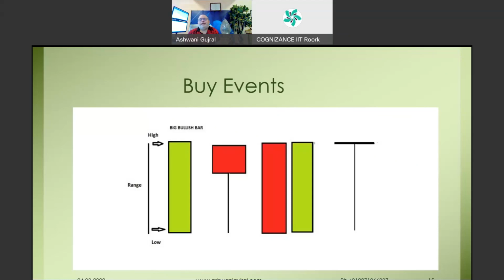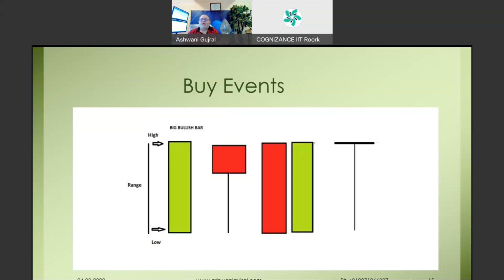Now the third one is called a twin tower or a tweezer top. So here you had a strong red candle. The bears took the market down, closed it at the lowest point, but immediately were cleaned up by the bulls, and the bulls wiped off the red bar, and actually the import of this total bar is a bullish bar.